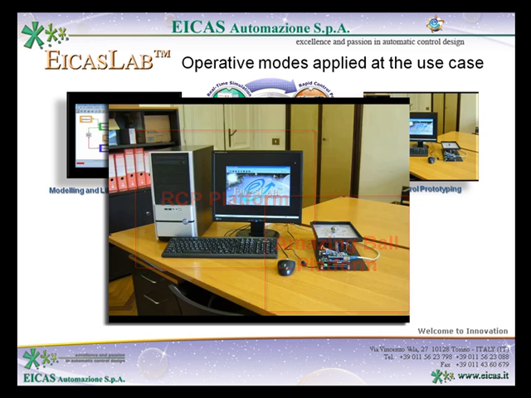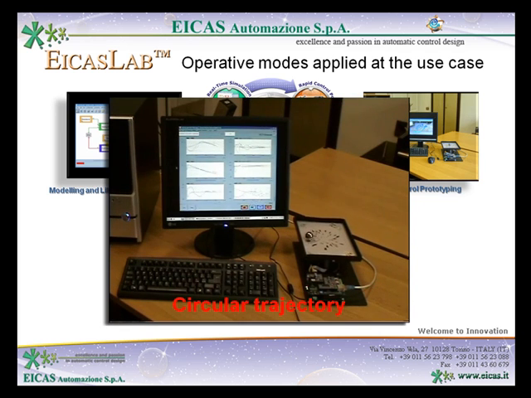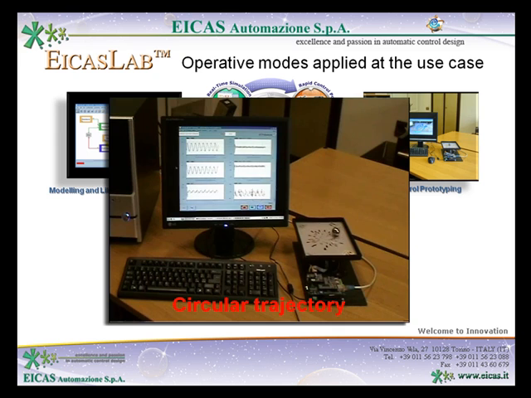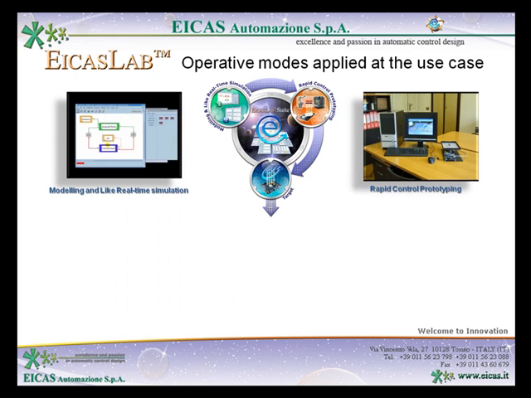That is a single standard multi-core PC equipped with the EICASLab suite, with a Linux real-time operating system and suitable hardware input-output devices, which is able to pilot the real plant. The operative mode includes the automatic code generation of the basic software necessary to manage the RCP platform.